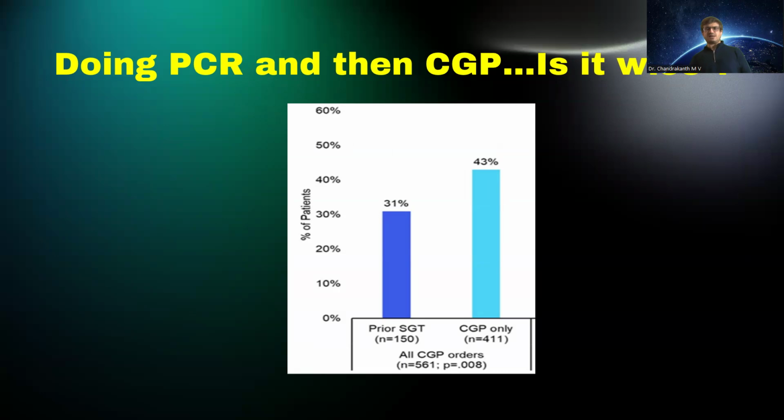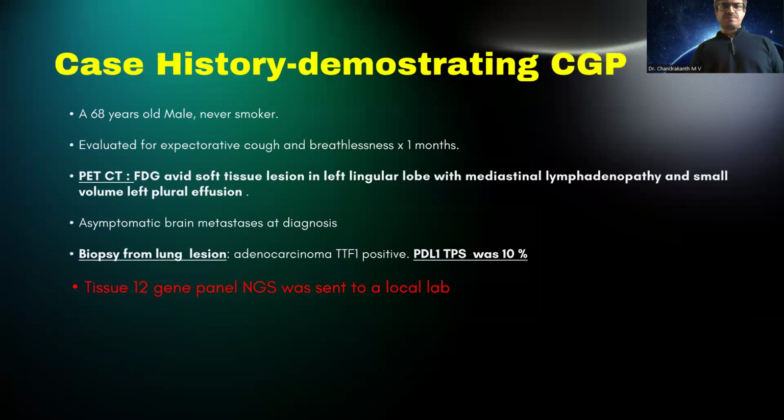If I do a SGT, single gene test, and then CGP versus CGP alone, there is a significantly higher chance of picking up a target mutation. Therefore, the way to go is not to waste tissue by single gene testing, but to straight away go for a CGP. Right. Let us have a case history demonstrating CGP.